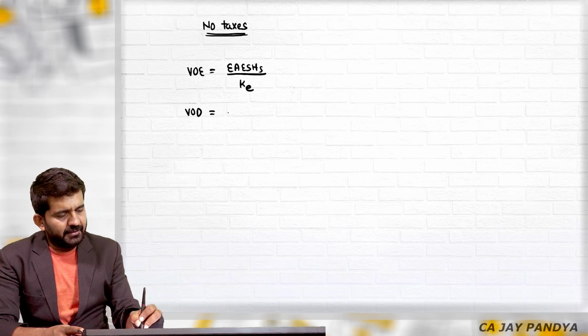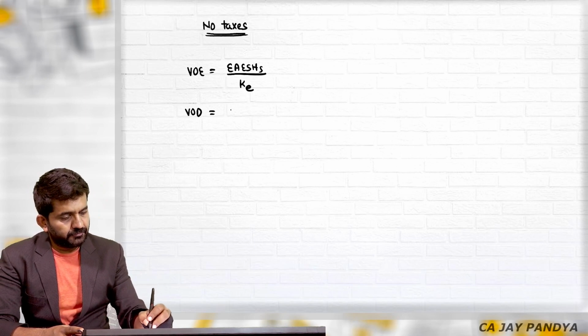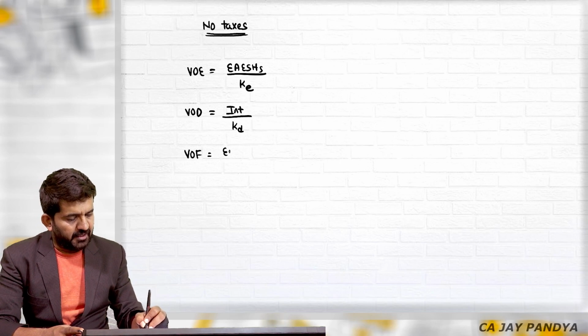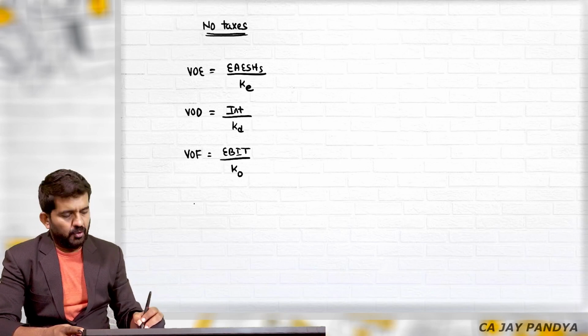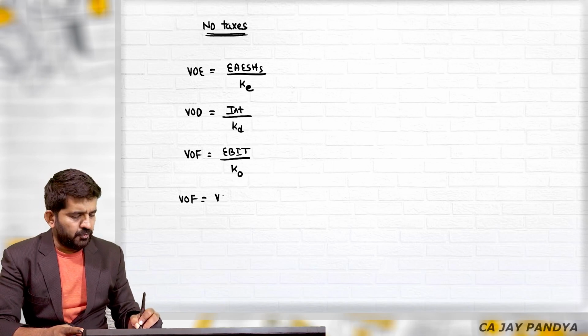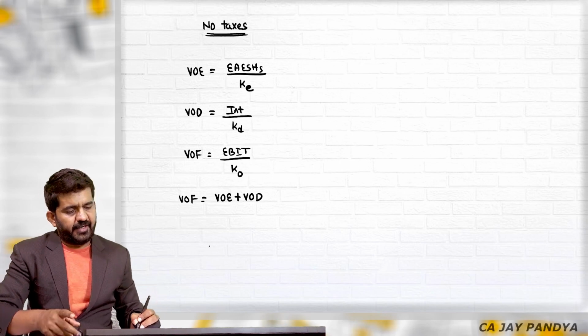Value of debt is equal to interest divided by KD. And value of firm, we can use this formula, which is EBIT upon KO. Also, value of firm is always equal to value of equity plus value of debt.